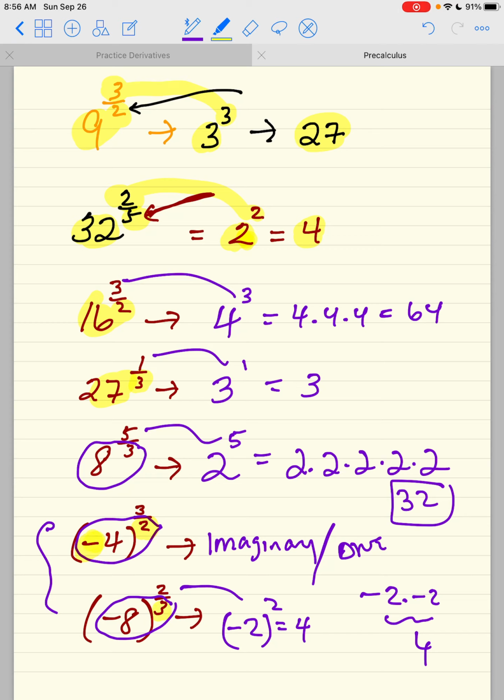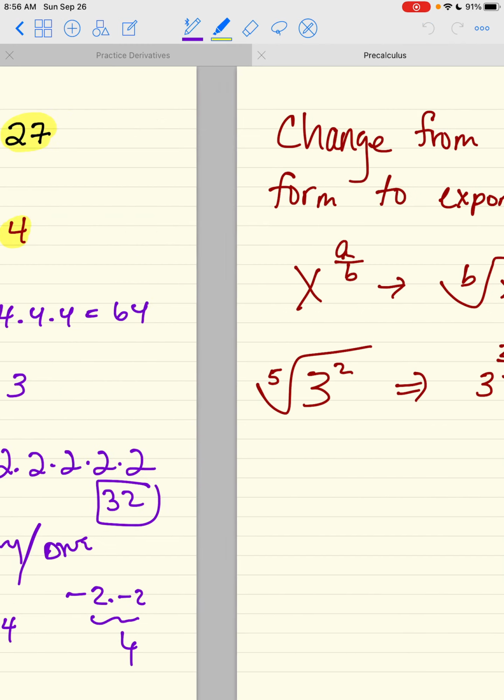But it does work for odds, because a negative times a negative times a negative is a negative. Or you can say 5 times negative, negative, negative, negative, negative. So that will also give you an odd. But if this is even, you can't have an even number in here. So make sure you understand that, because you can't graph this graph without knowing that.